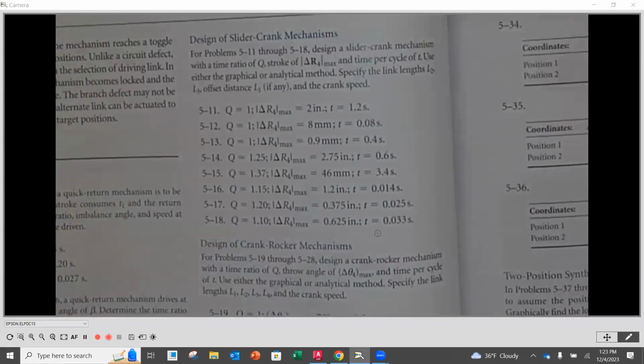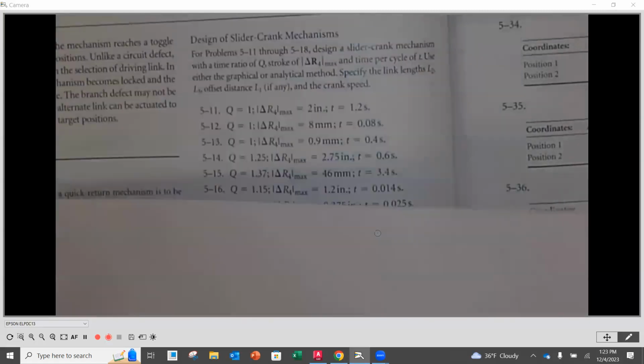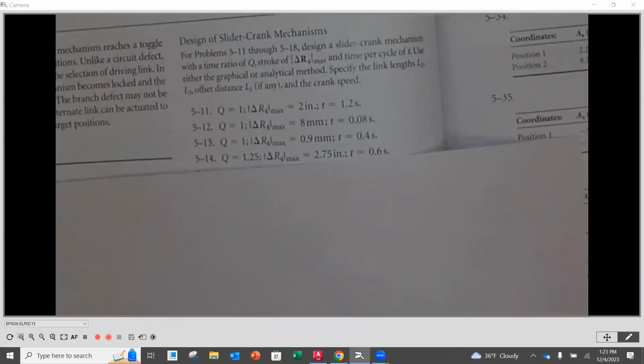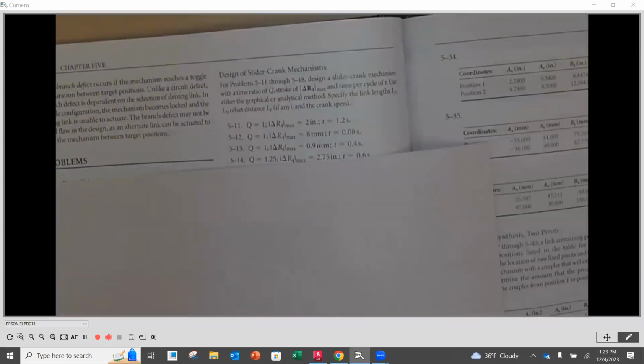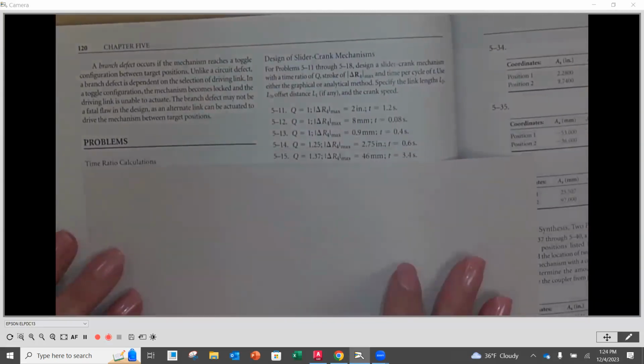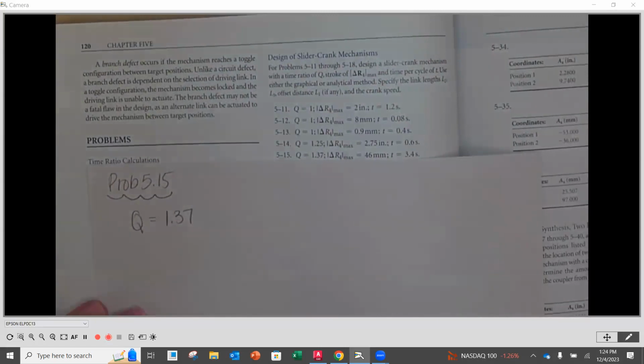Let's write down first and foremost what we know about this example. For problem 515, our Q is equal to 1.37.